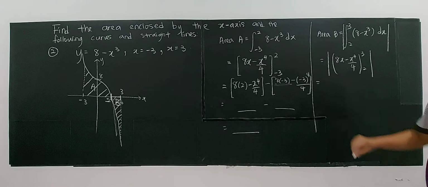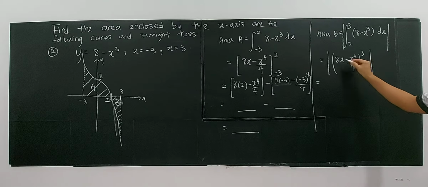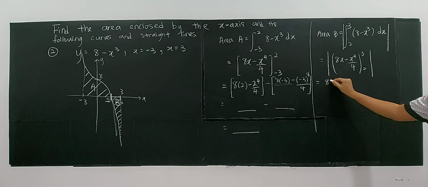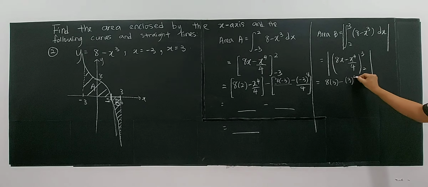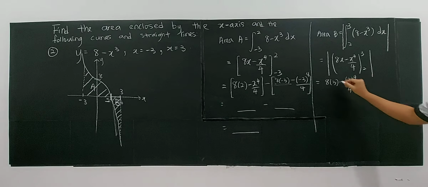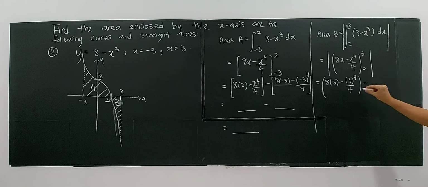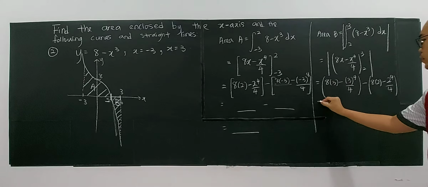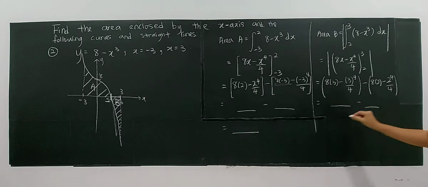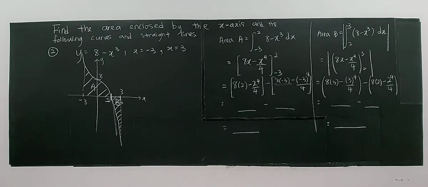So let's look at this. I'm going to calculate for you. In this case, you take 8 multiply 3 minus 3 to the power 4 divided by 4, take away 8 times 2 minus 2 to the power 4 over 4. So I'm going to find the area respectively.